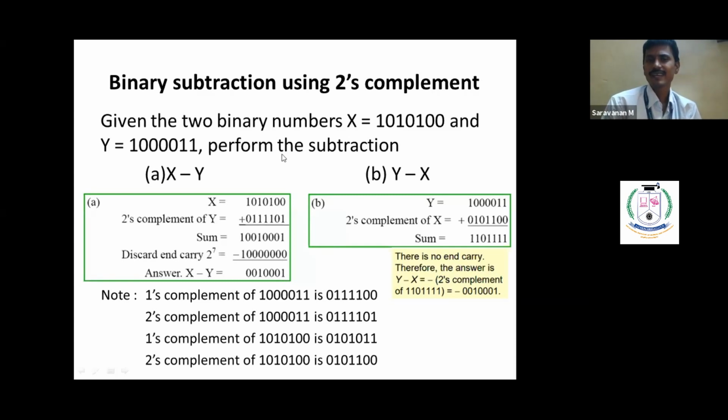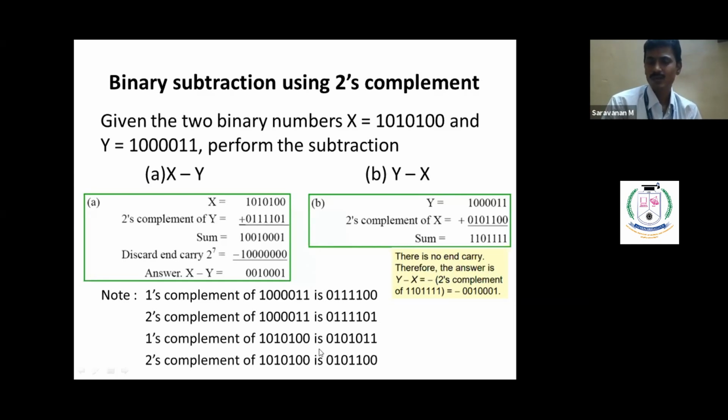Okay. Now we take the same example, but in the reverse order, that is subtracting a bigger number from a smaller number. Now for this, x will act as your second data. So find out the 2's complement of your x. So x is this one, 1010100. First apply the 1's complement of this, and with this add 1.